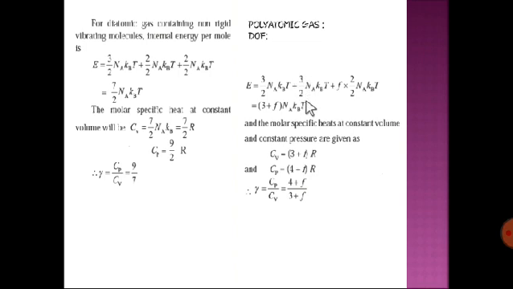So again 3 by 2 NakbT, but vibrational motion we don't know how many are there. So we are going to multiply it by f. And as we are considering that four molecules are there, 2 and 2 will take part in vibration. So here it is multiplied by 2, divided by 2 NakbT. Have you understood?